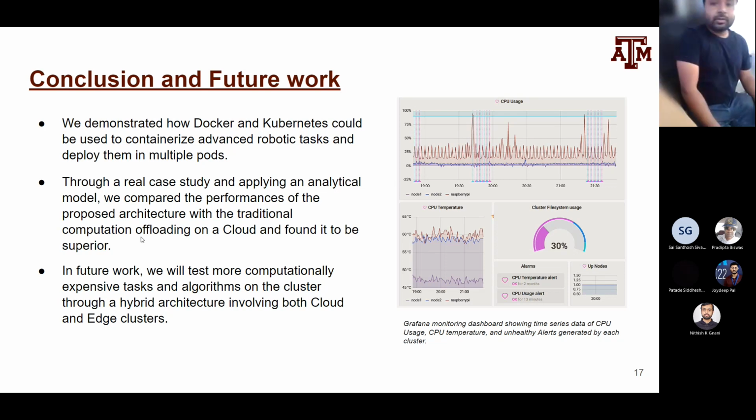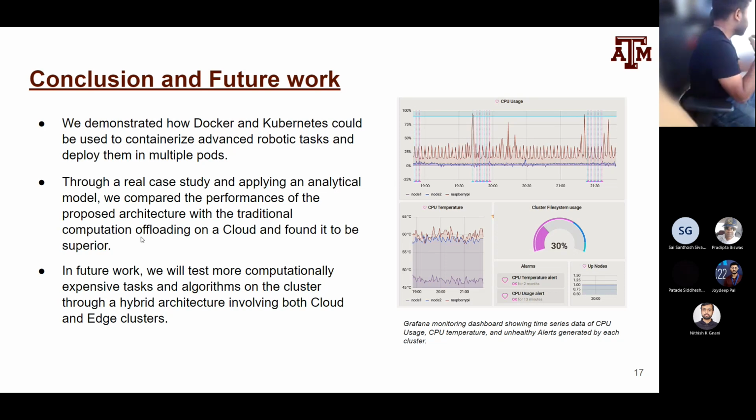In the future, we want to combine cloud architecture and edge robotics to perform a greater variety of tasks. There are still many tasks that use even more computation and cannot be handled by edge robotics, so those tasks have to be handled by the cloud.